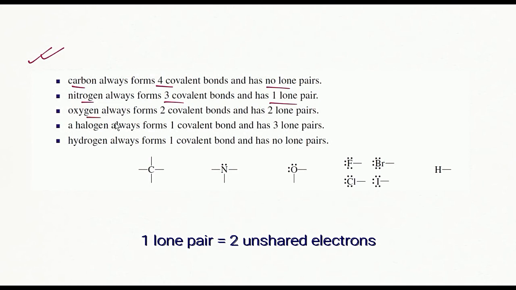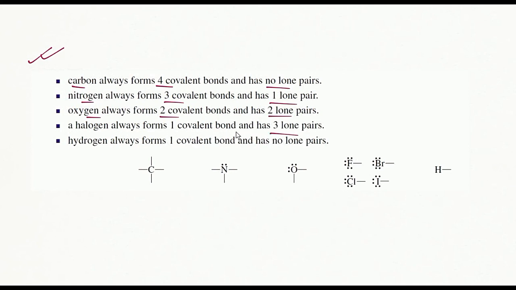An oxygen with 2 covalent bonds and 2 unshared pairs has no formal charge. Halogens with 3 lone pairs form 1 covalent bond, hence bear 0 formal charge. And lastly, it will be true that a covalently bonded hydrogen atom has no formal charge.